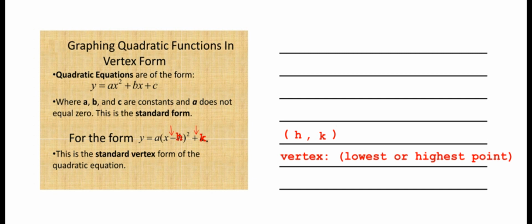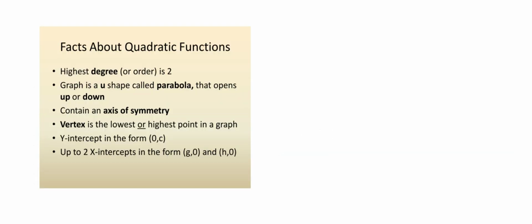a parabola. Some facts about quadratic functions. y equals ax squared plus bx plus c, right? The highest degree or order is 2. That's the exponent on the x, an x squared. The graph is a U-shape called a parabola that opens either up or down. It contains an axis of symmetry.